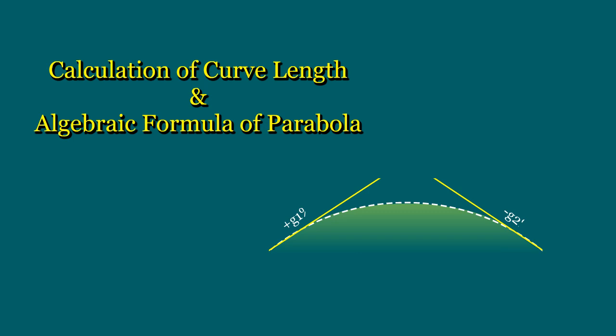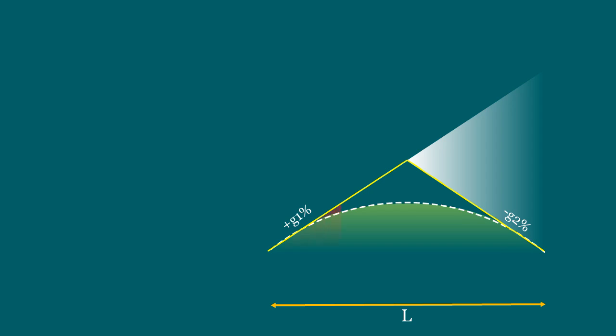Now, we will see how to get the length of the vertical curve, which is denoted as L. The length of the vertical curve can be obtained by dividing the algebraic difference of the 2 grades by the rate of change of grade, with due consideration of sign of the grades. That is, the length of curve L equals total change of grades divided by the rate of change of grades.